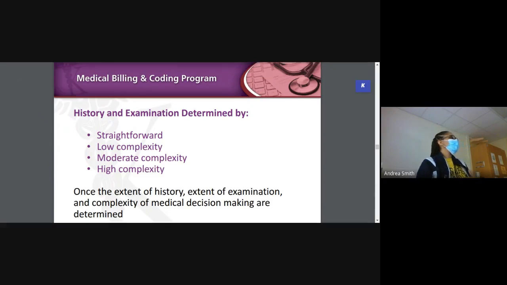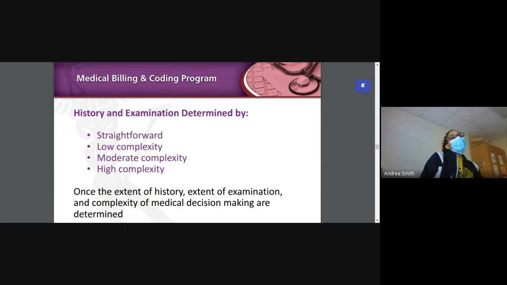So history and examination are determined by straightforward, low complexity, moderate complexity, and high complexity. Just what it says is just what it is. When you guys said I can't swallow, my throat is red, that was strep throat. That's straightforward. We already know what it is.